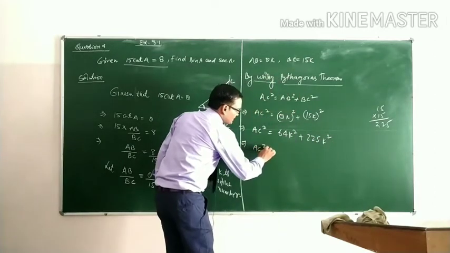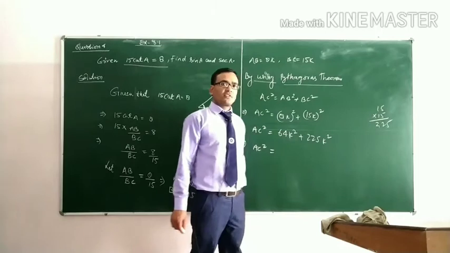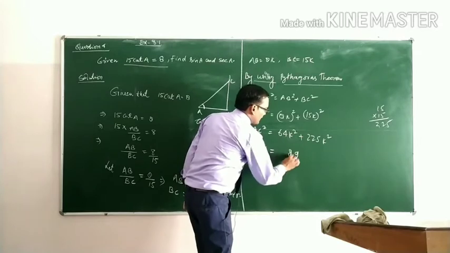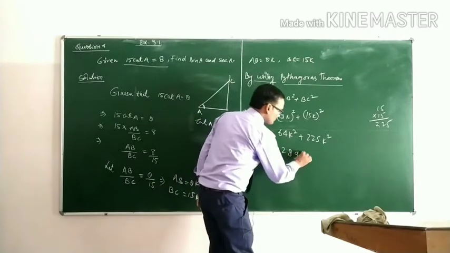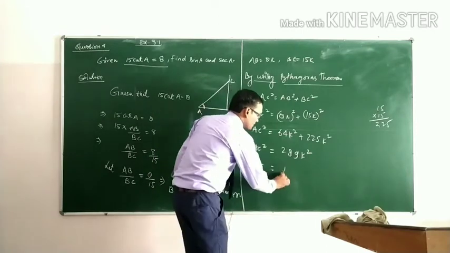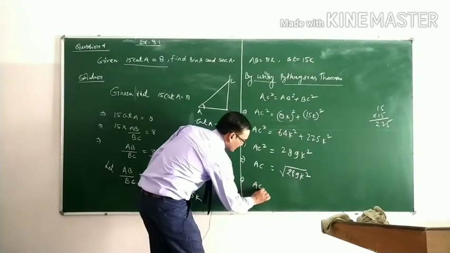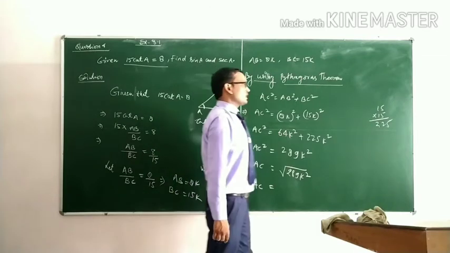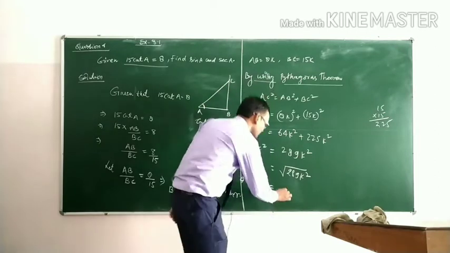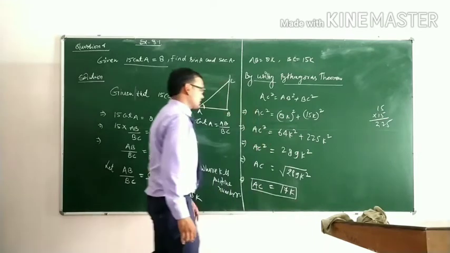This implies AC square equal to 289K square. So AC equal to square root of 289K square, and 289 is 17 square, so the value of AC equal to 17K.